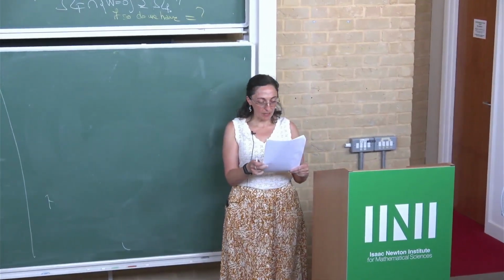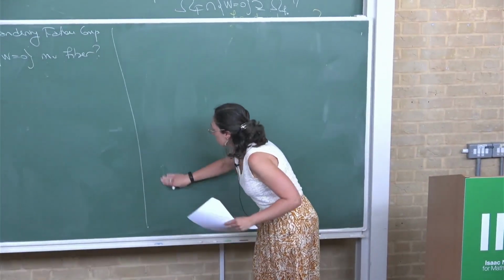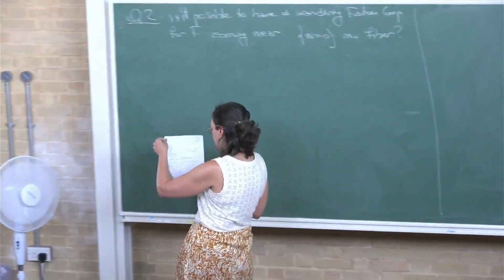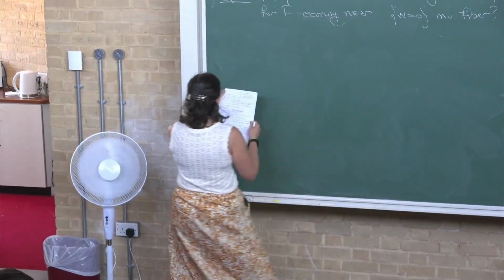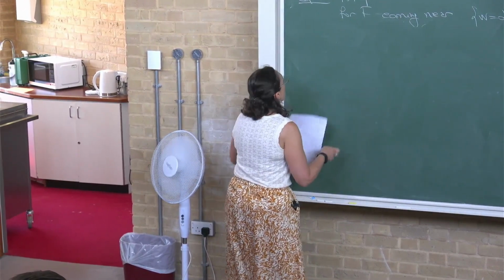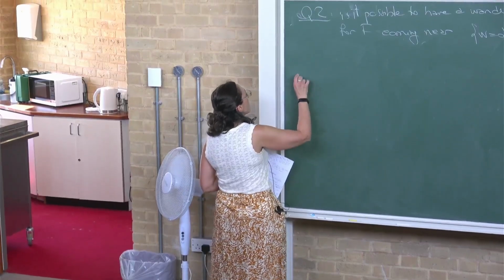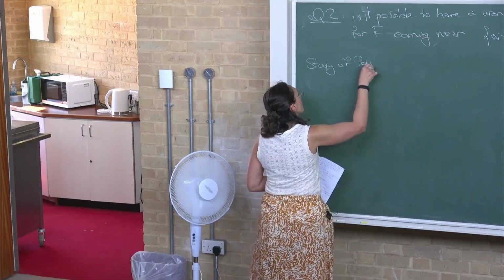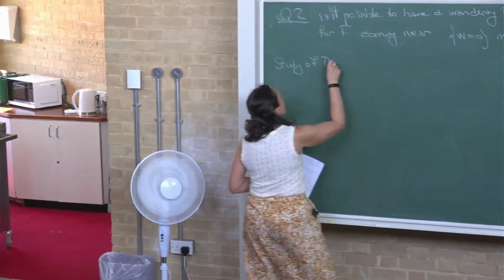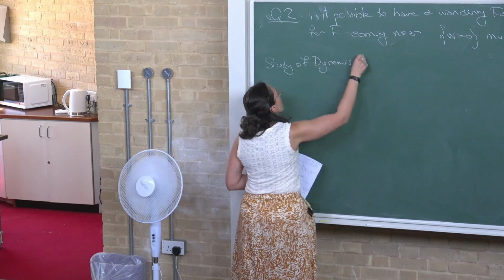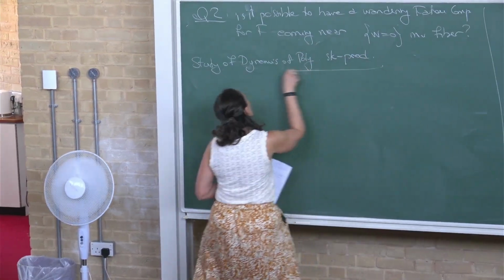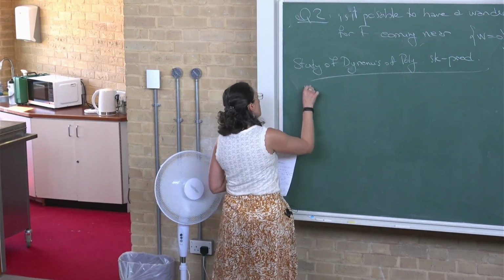So okay, yes, I forgot. Okay, I'm going to write it now. Because I think it's important to give credits, and also because we're going to see at least one of these people in this program. If I want to say something about the study of polynomial skew products, I think the first one was Heinemann.